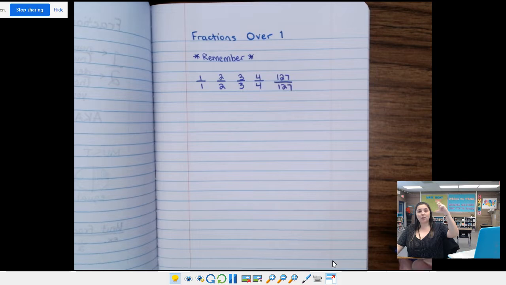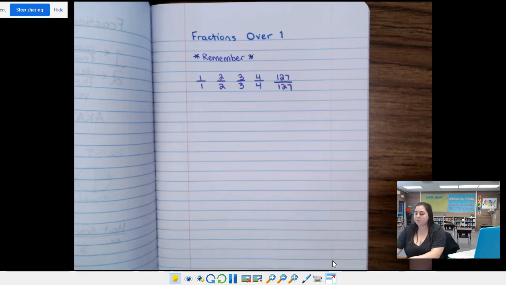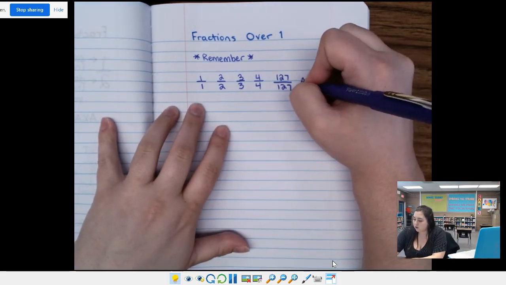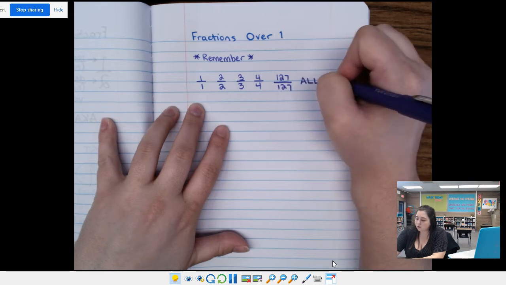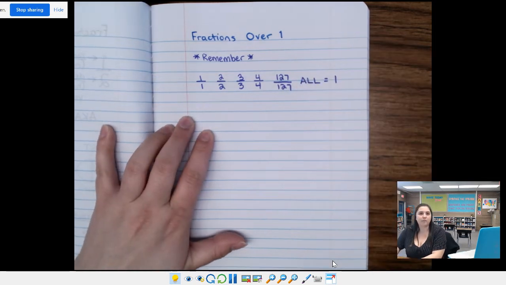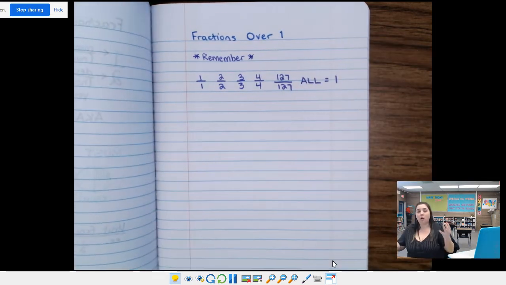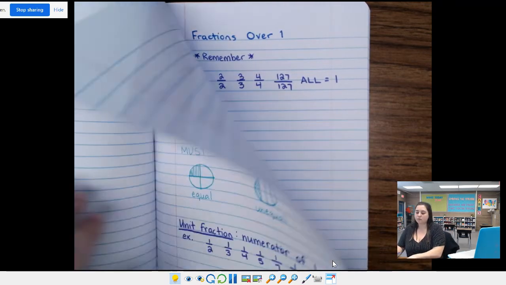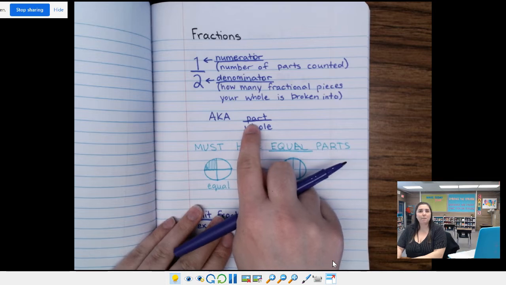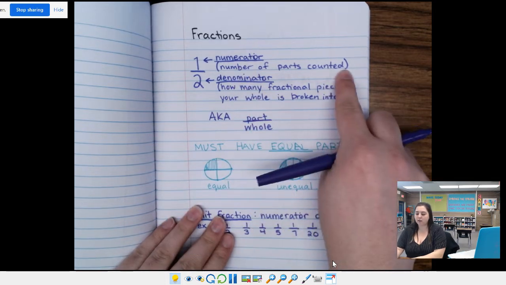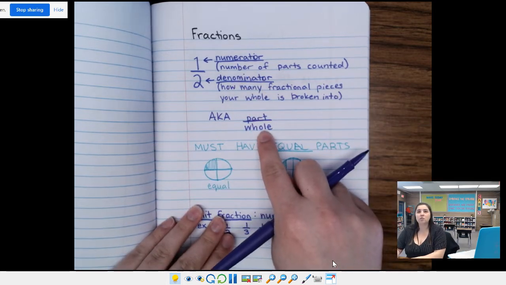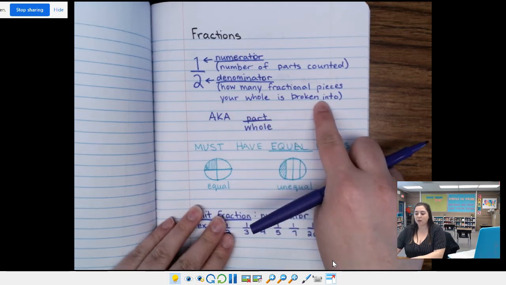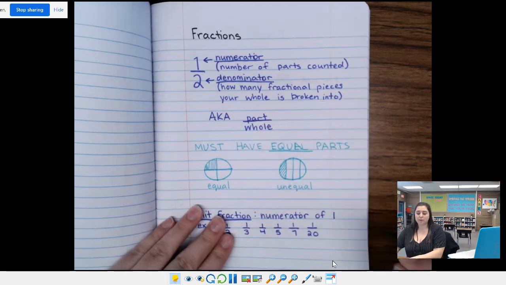If it's the same number on top and bottom, they are all equal to 1 because you have all of the parts. Remember a fraction? The top number tells you how many parts, the number of parts counted. The bottom number tells you how many parts the whole is broken up into.